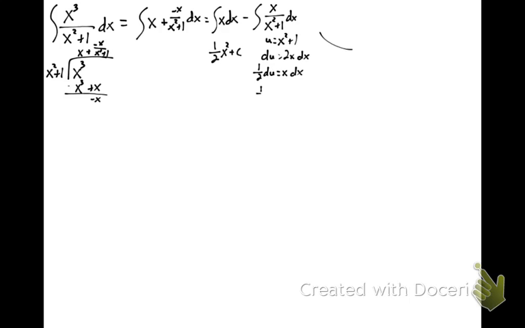So this will become 1/2 times the integral of 1 over u du, and integrating we'll get 1/2 the natural log of the absolute value of u plus c. And if we put our entire integral together, our final answer will be 1/2 x squared plus 1/2 times the natural log of x squared plus 1 plus c. So we had to use some algebra techniques to make this something that we could integrate.